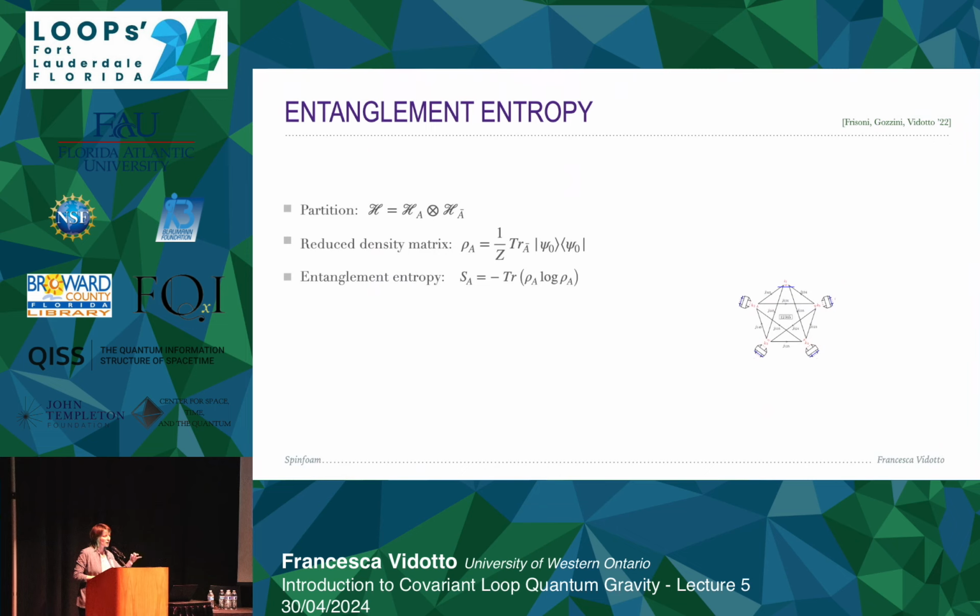So you decide, I take one region, say one tetrahedron, and I look at the entanglement entropy with respect to all the rest. Or I can take 2 tetrahedra and I look at the entanglement entropy with all the rest. So you can play this game and find some interesting results.